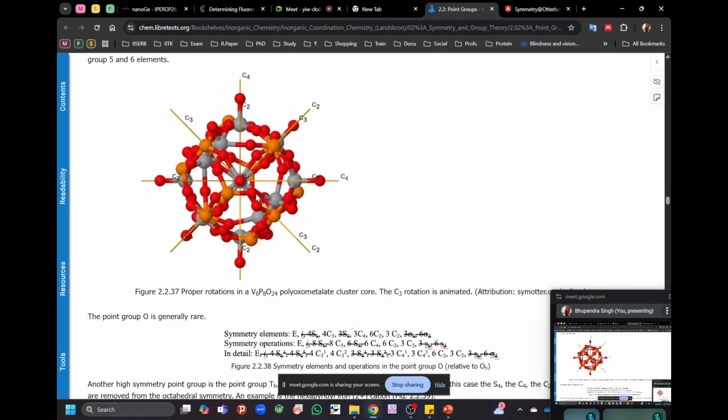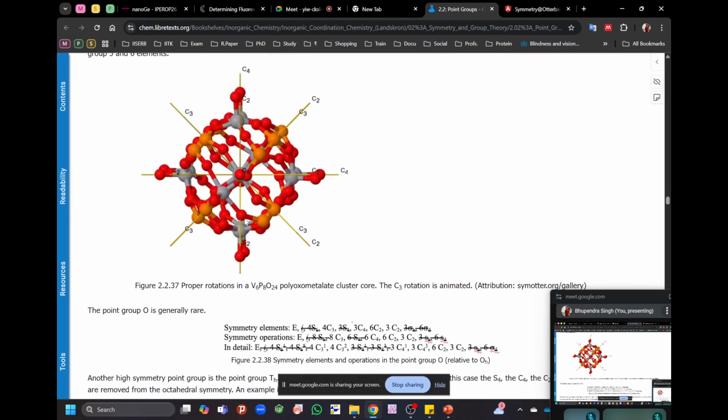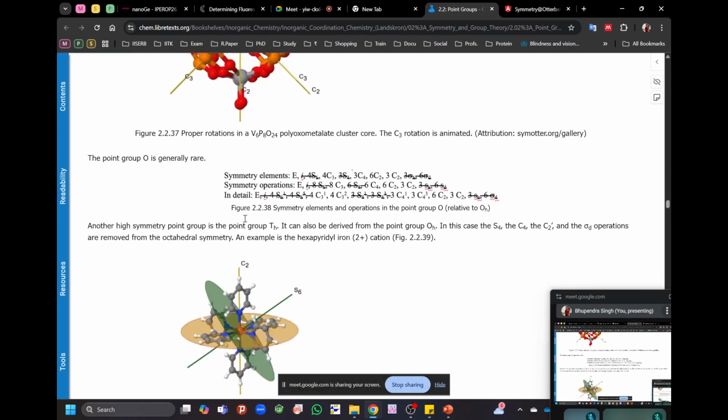So this is your octahedral example, with proper rotation, in a V6 P8 O24 polyoxometalate cluster core.